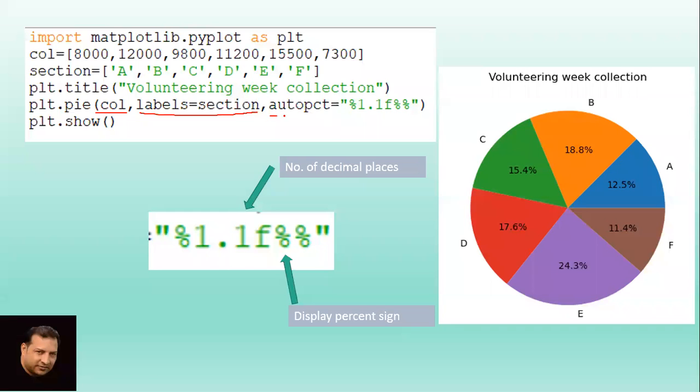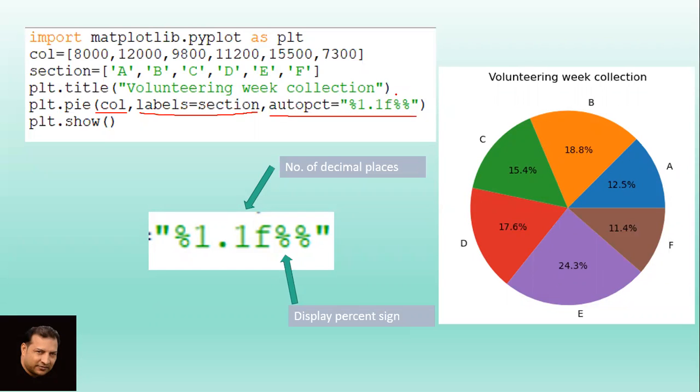Here we have added a new argument called autopct is equal to a particular format, like %1.1f%%. Here 1 means number of digits used. After dot 1 means how many decimal places you need. F means floating point, and this percent sign is used to display percentage.